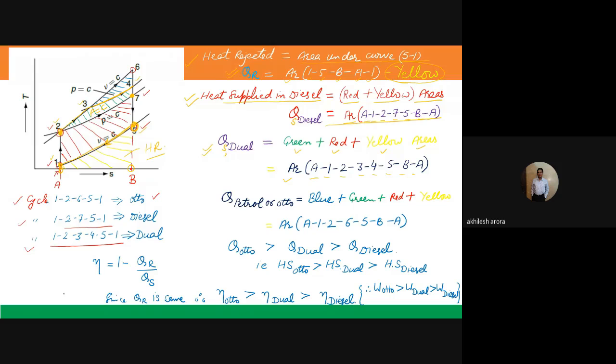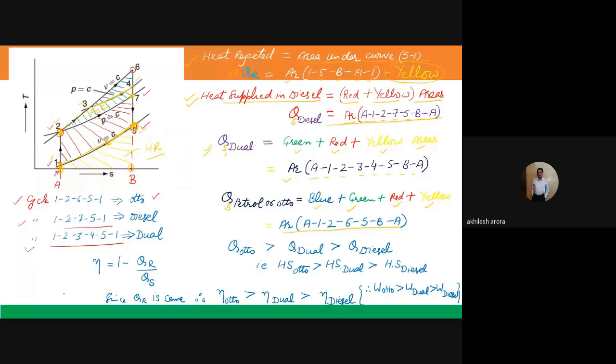Once this is known, we can go for the heat supply in the case of the petrol engine, or the auto cycle. You can see there is some additional area represented here by the blue color. So the heat supplied is blue plus green plus red plus yellow, and the total area is A-1-2-6-5-B-A.